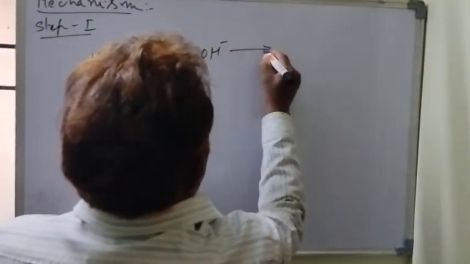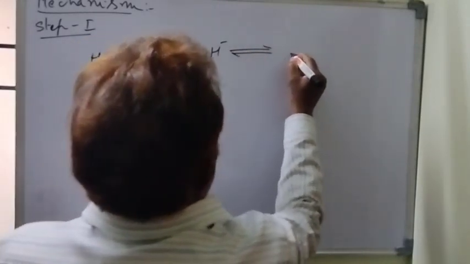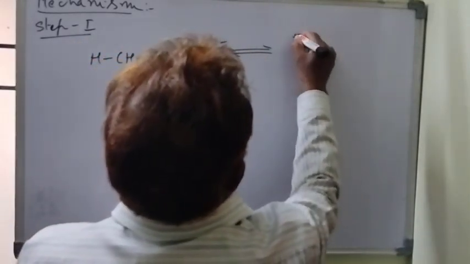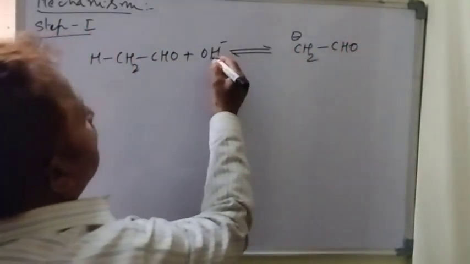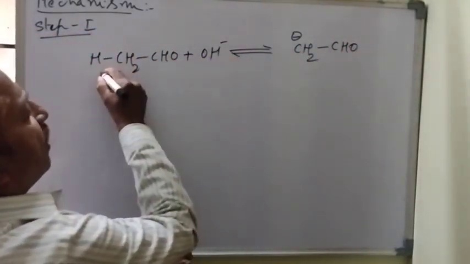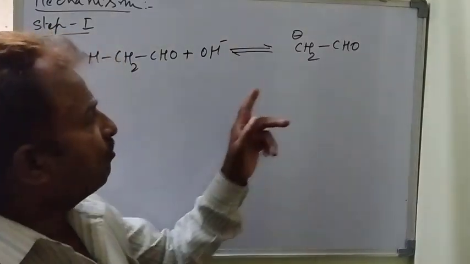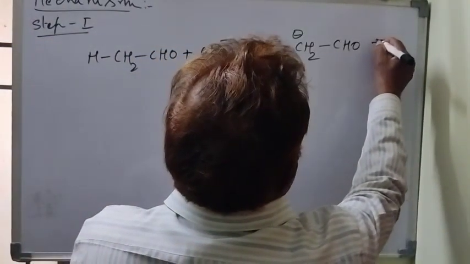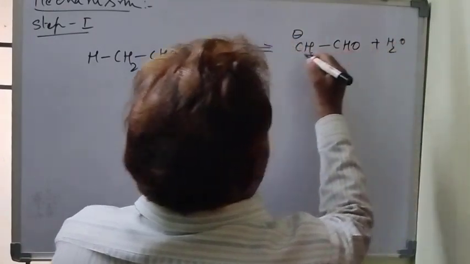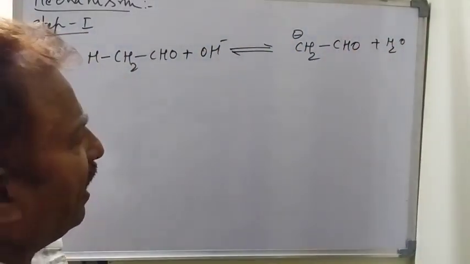Therefore this becomes CH2 minus CHO. As OH takes the alpha hydrogen, we get a water molecule, and of course this is a negatively charged ion, that is, an anion.